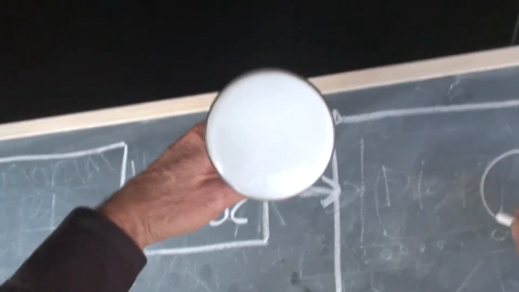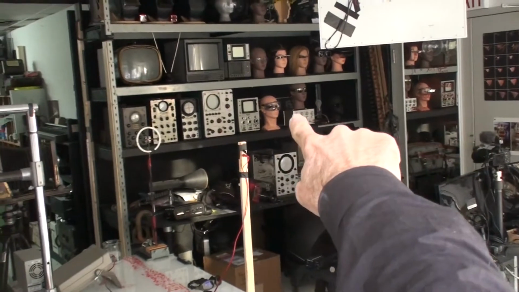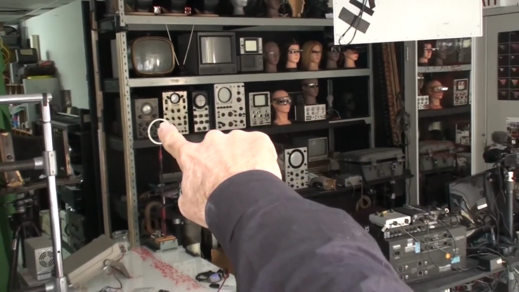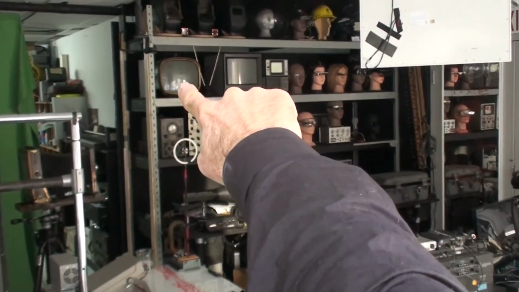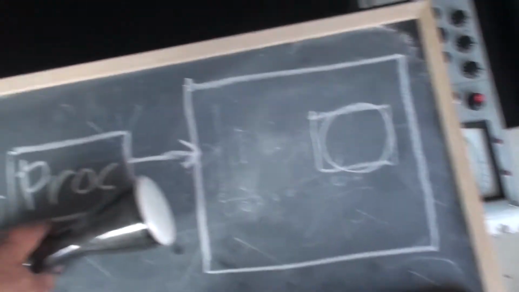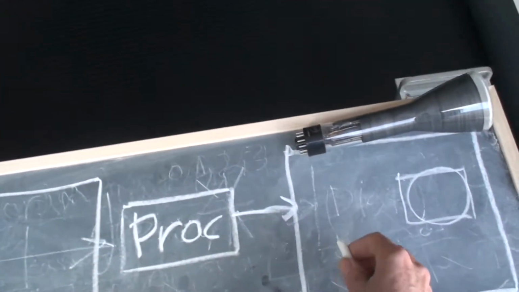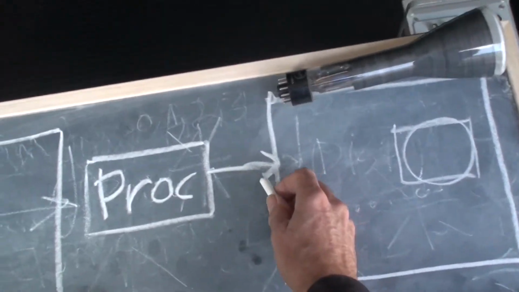Earlier sets often had round screens, like oscilloscopes, and then later rectangular screens started to appear. So there'll be some kind of display mechanism here, and there's a way that that display mechanism responds. There's a time varying voltage that comes out of here.